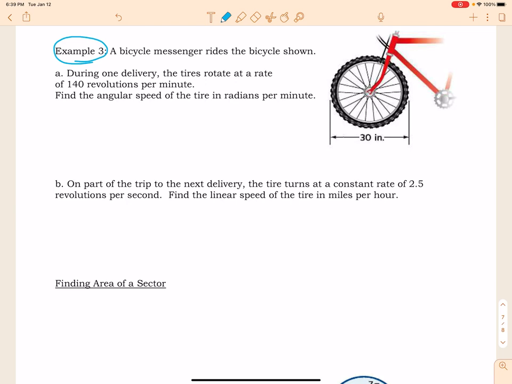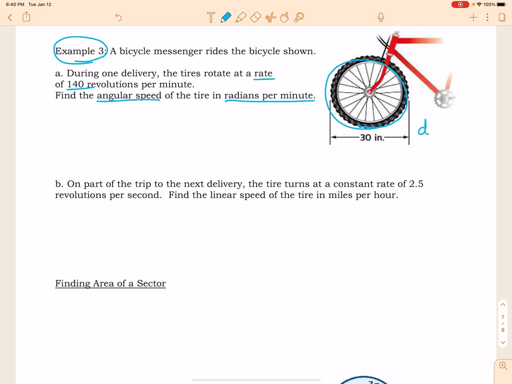So the first part of the example here: during one delivery, the tires rotate at a rate of 140 revolutions per minute. All right, so we are finding the angular speed here. Find the angular speed of the tire in radians per minute. So, of course, in this circle over here, you've got 30.